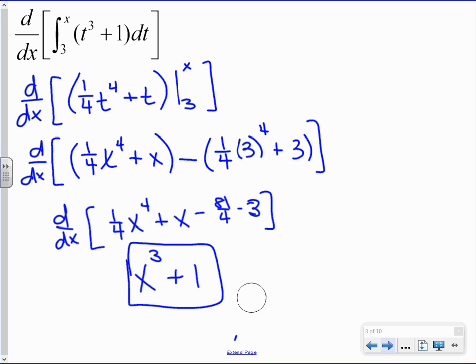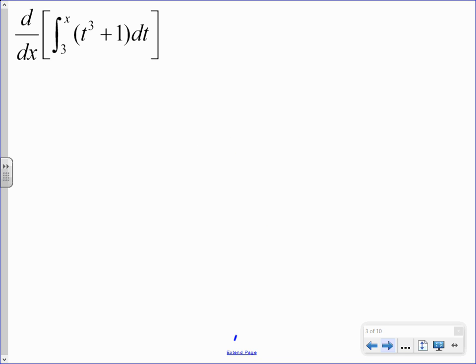Instead, all we have to do is, please now write down this example. Now all we have to be able to do is identify that this is the derivative of the integral from a to x, which means these two operations are essentially undoing each other, and we're left with x cubed plus 1.